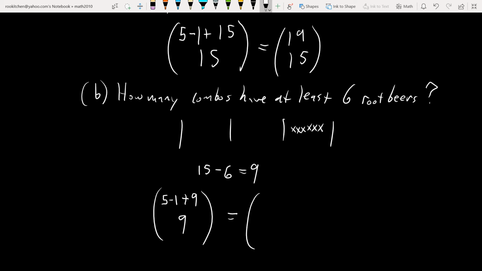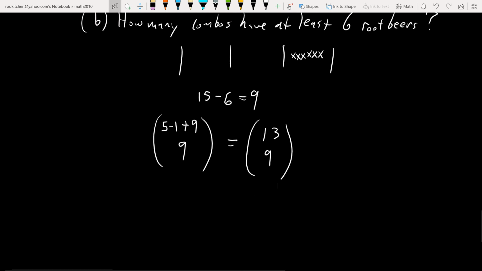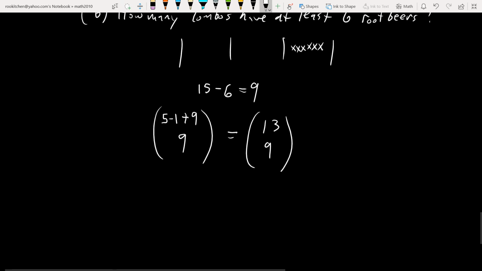So at the end of the day, that'll be 14 minus 1 is 13, choose 9.